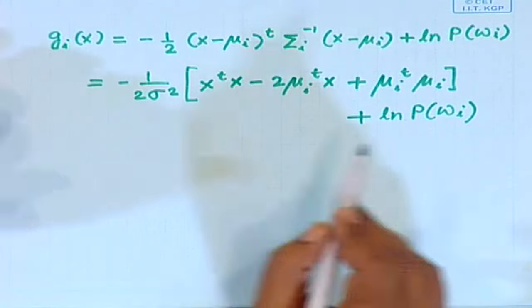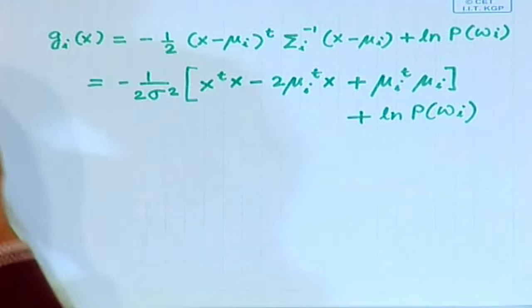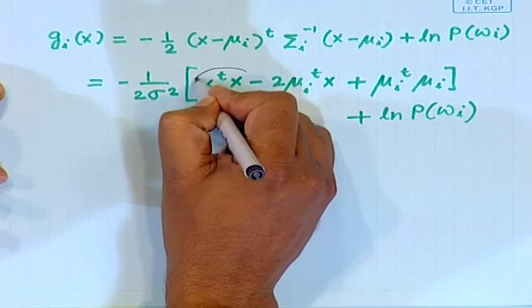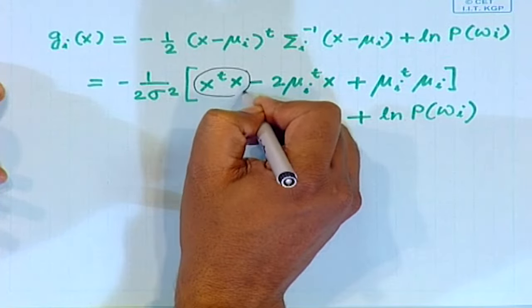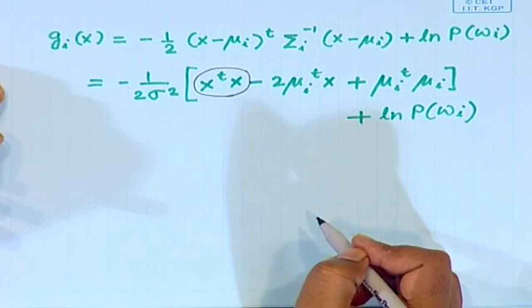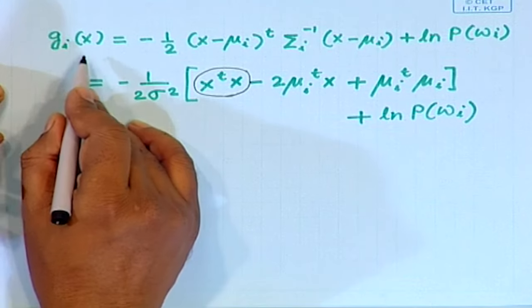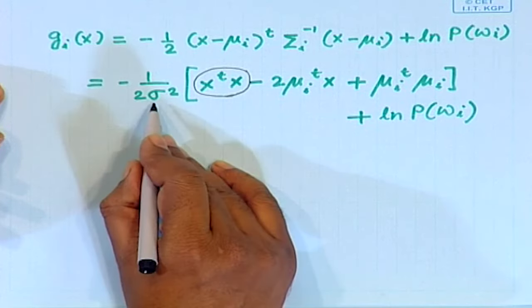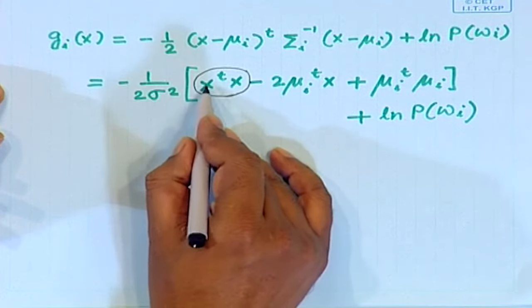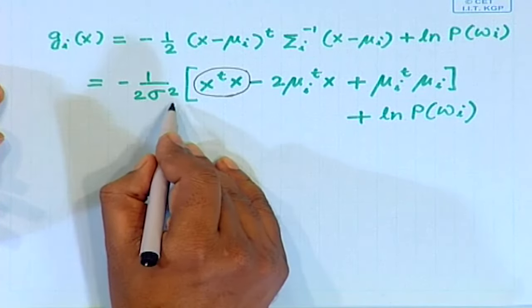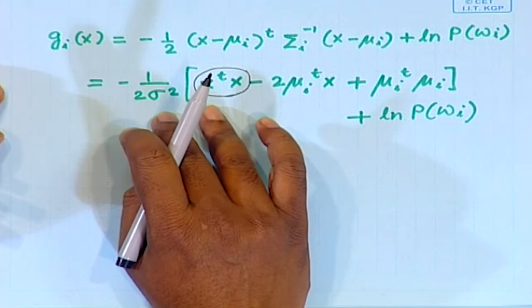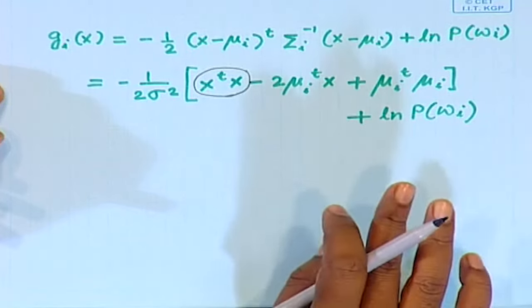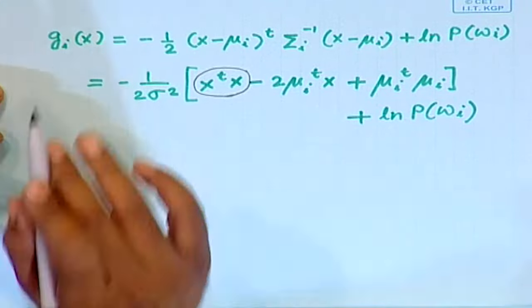Now again here you find that the first term within the bracket, that is x transpose x, is also independent of class. For all values of i in all the discriminant functions g_i(x), the same term will be present. And this σ² being the same for all the classes, this term x transpose x upon 2σ² also becomes a redundant term. It is not really deciding to which class this x will belong.